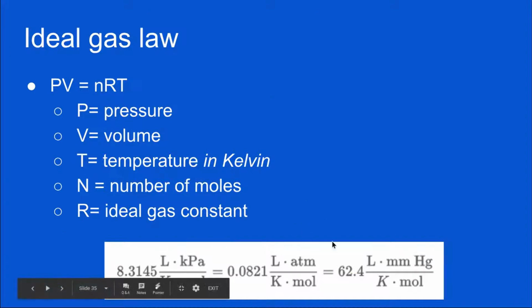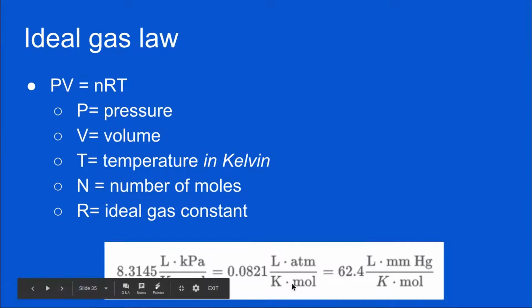And so now, I know that I told you that the ideal constant will always be the same, but there's actually a few different constants that we can have. Now, I should say that these are all worth the same, but all that matters is the unit of pressure that you're using. Because notice that all of these are liters times a pressure over Kelvin times the mole. And so what's changing on here is the unit of pressure.